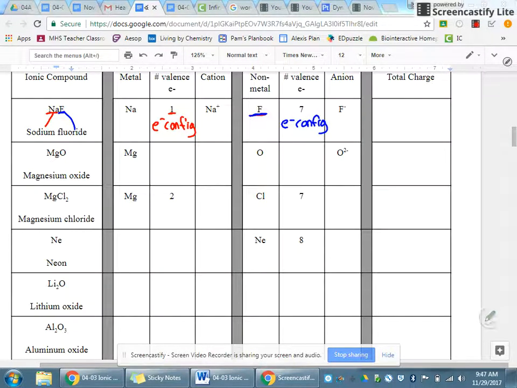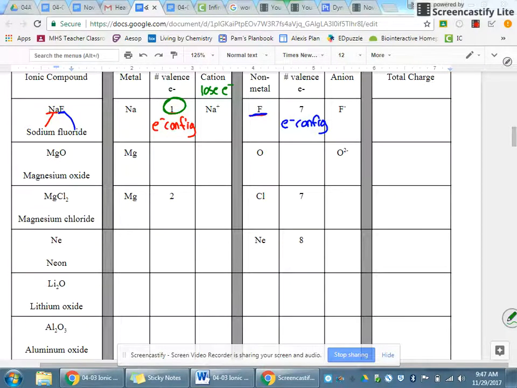The last step here, in addition to figuring out our number of valence electrons, is figuring out the charge. Remember our rules from above? Well, if you have less than 3 valence electrons, that means you're going to lose those electrons. We have 1 valence electron, so that means we are going to lose our electron.